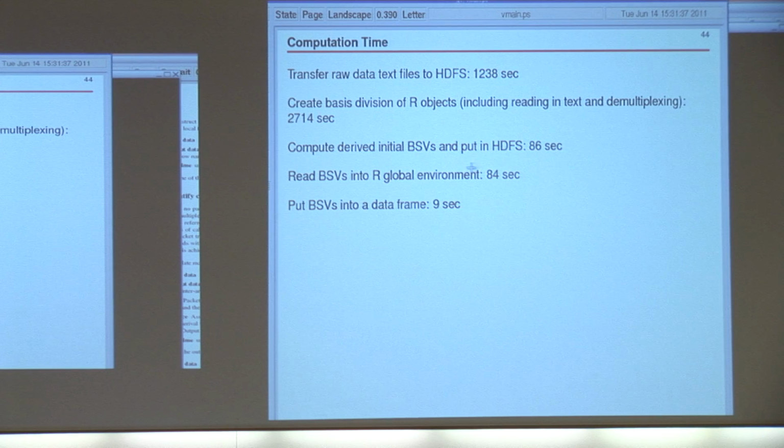The result is in the HDFS. That's 86 seconds. Then reading the between subset variables into the R global environment was 84 seconds, and then forming a data frame that could be used for various things based on these between subset variables took 9 seconds.